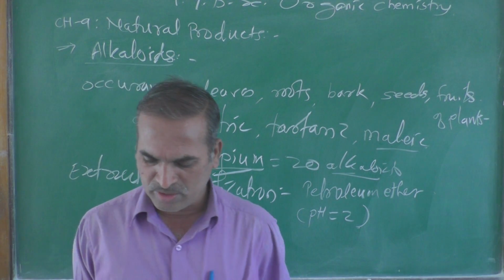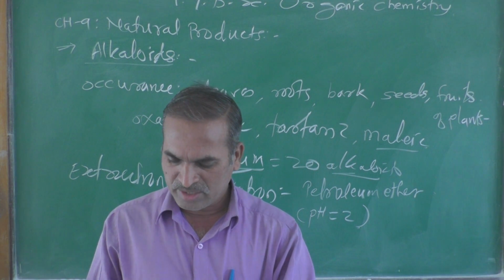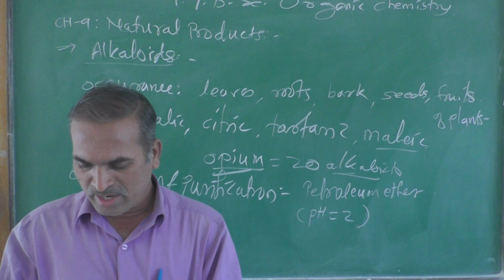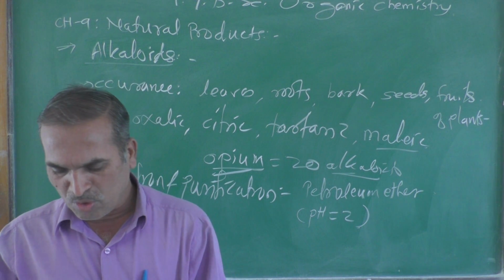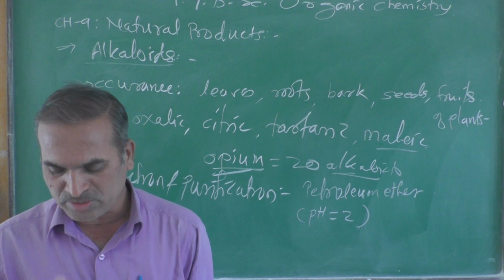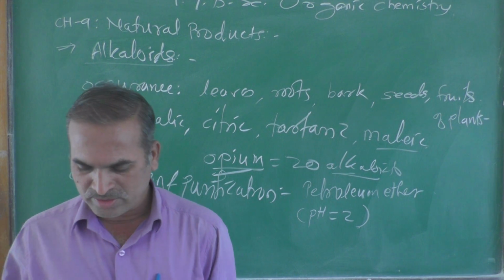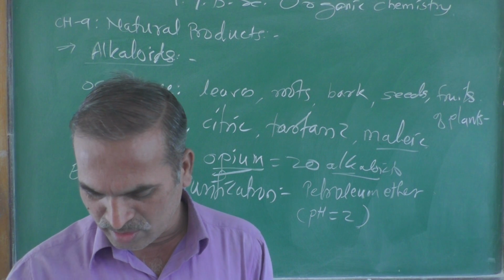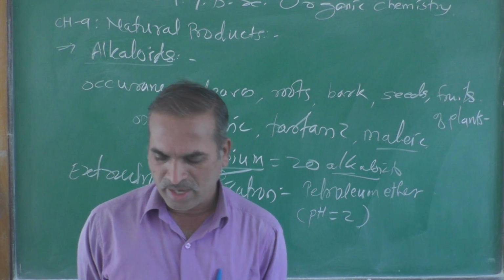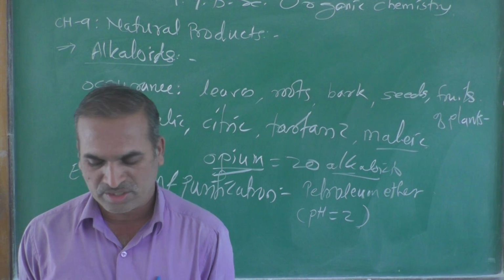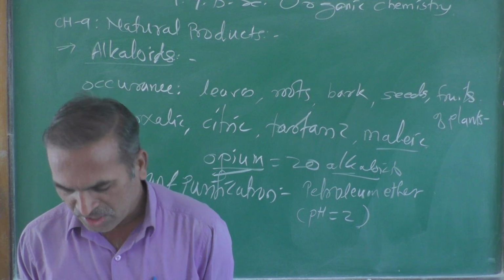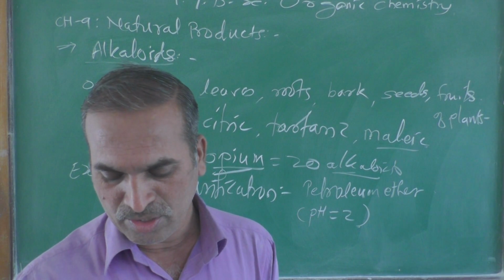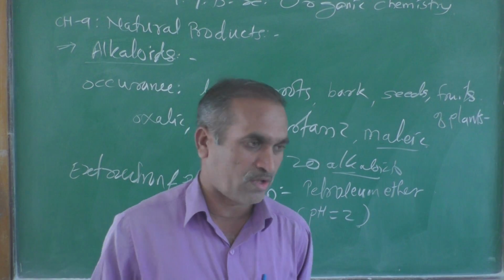Now the sixth point: the ether layer is distilled off, and the residue obtained contains a mixture of alkaloids. The individual alkaloids are separated by techniques like fractional distillation, steam distillation and chromatography.